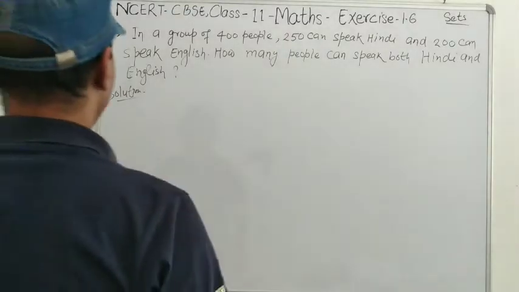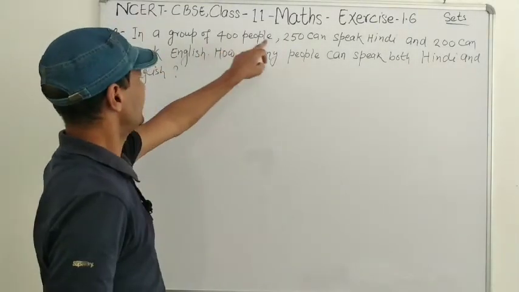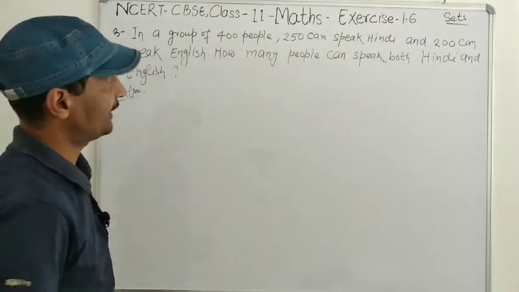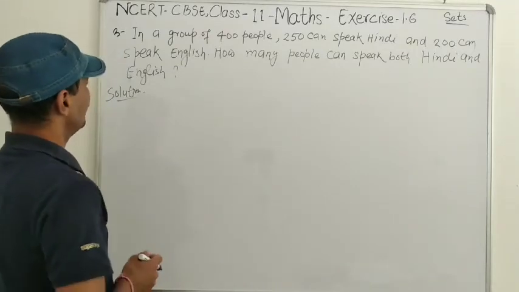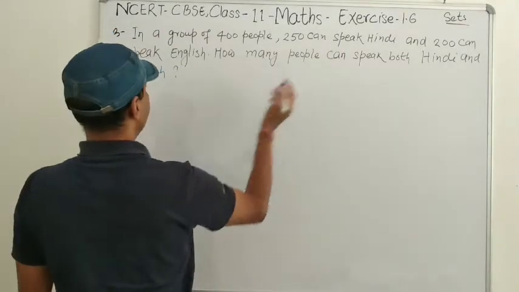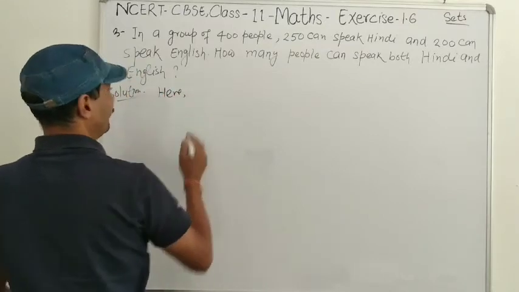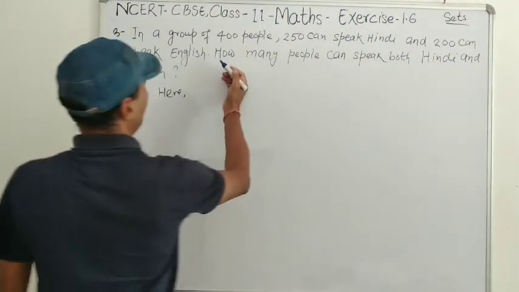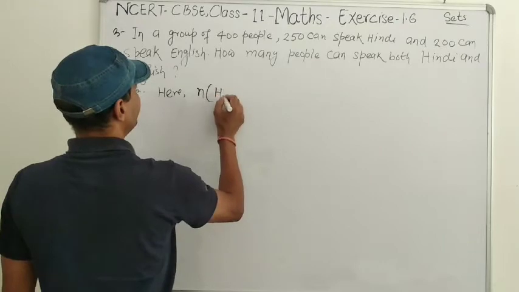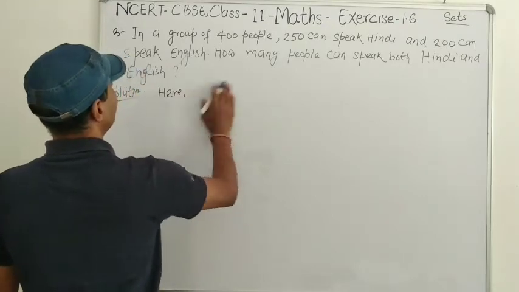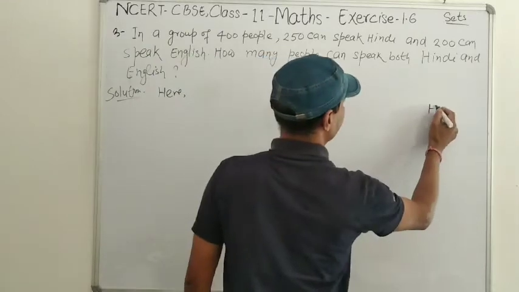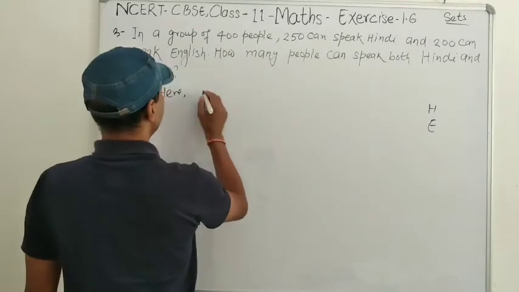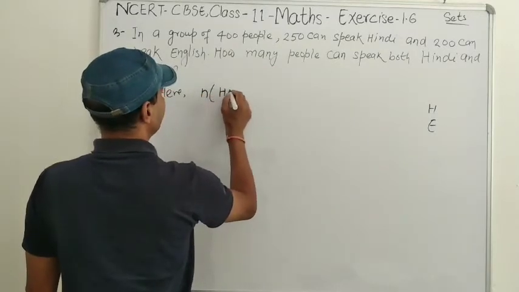Now question number 3. In a group of 400 people, 250 can speak Hindi and 200 can speak English. How many people can speak both Hindi and English? In a group of 400 people, we have two sets here, Hindi and English. Total means we use n(H union E).